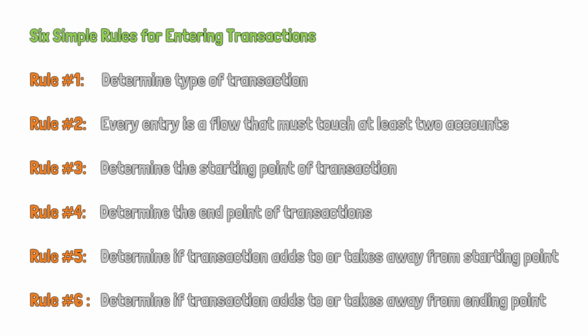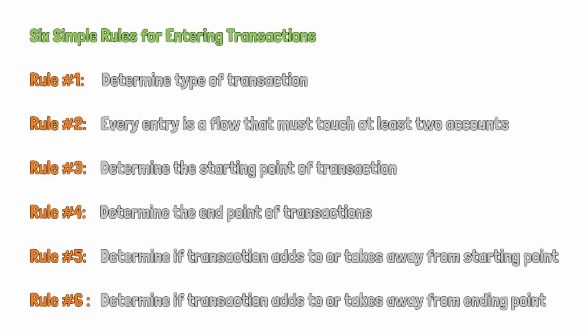Rule number 2 acknowledges that every transaction is a flow with at least one starting point and one ending point. So, any transaction entry that you do in your system must touch at least 2 accounts in your accounting system. Rule number 3 is to determine the starting point of the transaction, and rule number 4 is to determine the end point of the transaction.